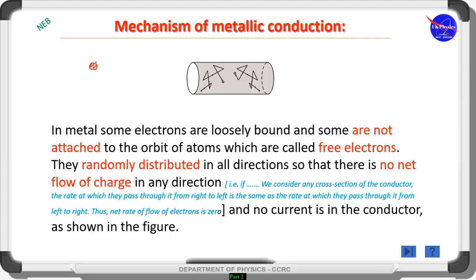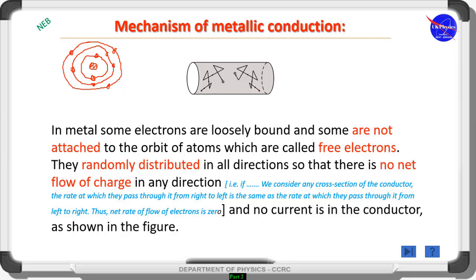Outside the nucleus there is an electronic orbit, and electrons move around the nucleus. In these orbits there are a number of electrons moving outside the nucleus in a fixed orbit like this.